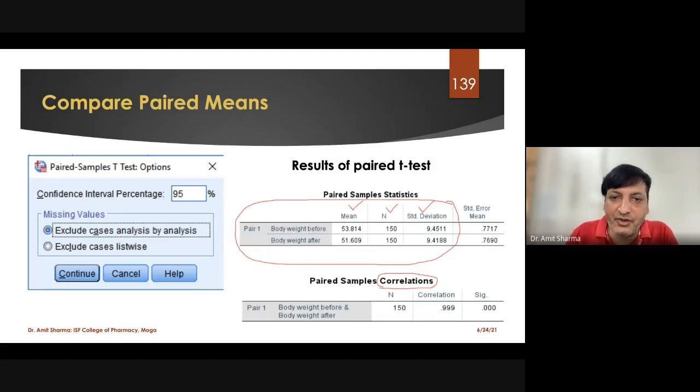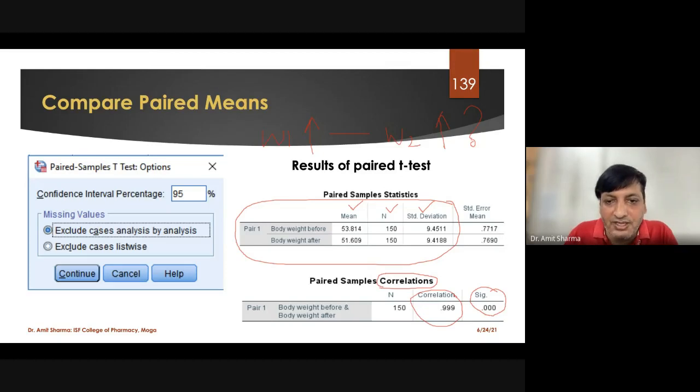Correlation means: if W1 is increasing, what is going to happen to W2? If the value of weight 1 is increasing, is the value of weight 2 also increasing, or is there a difference? How can we find out? We can find out with this significance value and the value of correlation.